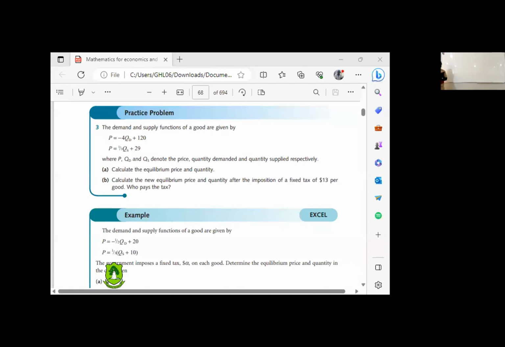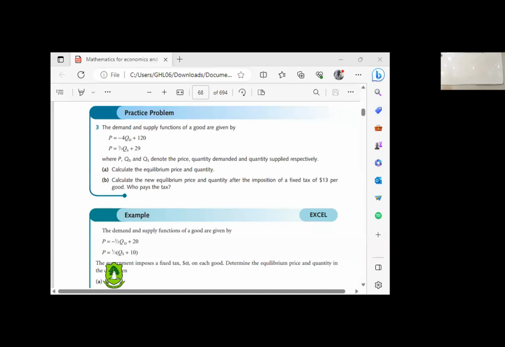A, calculate the equilibrium price and quantity. B, calculate the new equilibrium price and quantity after the imposition of a fixed tax rate of $13 per good. And now there is a question, who pays the tax? So there is a tax incidence there too.